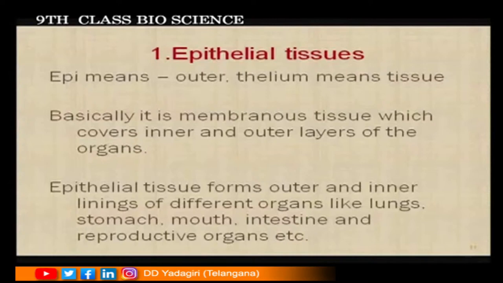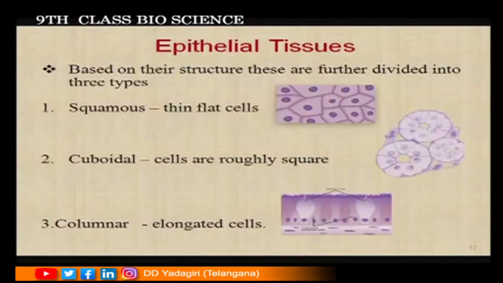Epithelial tissue forms the outer and inner linings of different organs like the lungs, stomach, mouth, intestine and reproductive organs. This epithelial tissue is further divided into 3 types based on their structure.